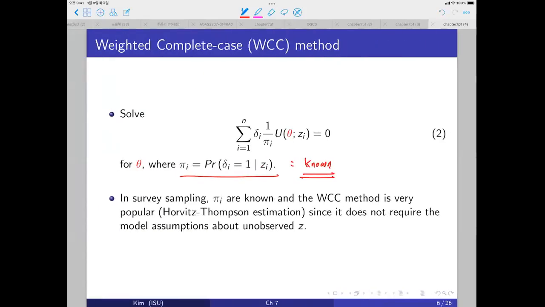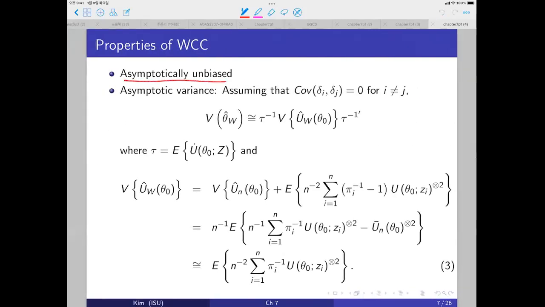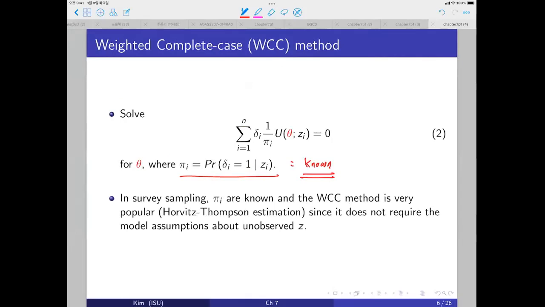Why does this work? We need to show that it is asymptotically unbiased. We want to show that the sum of delta I, 1 over pi I, U(theta null, C I) is equal to 0. We want to show this.